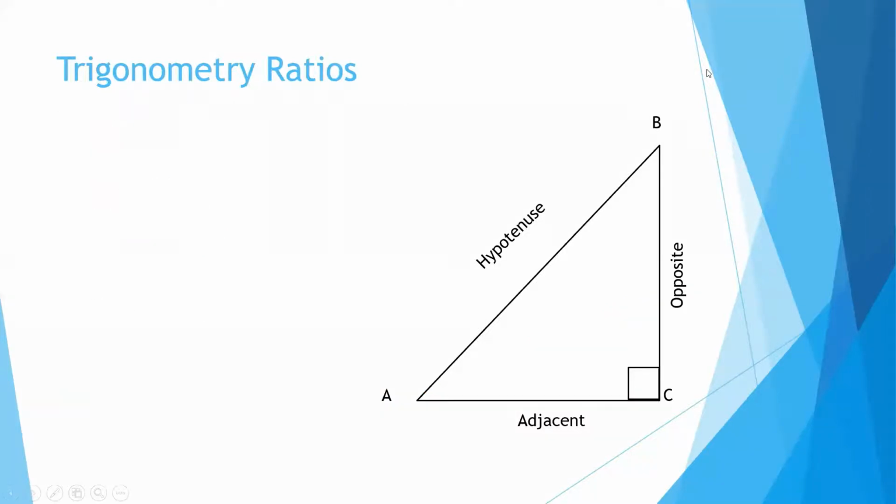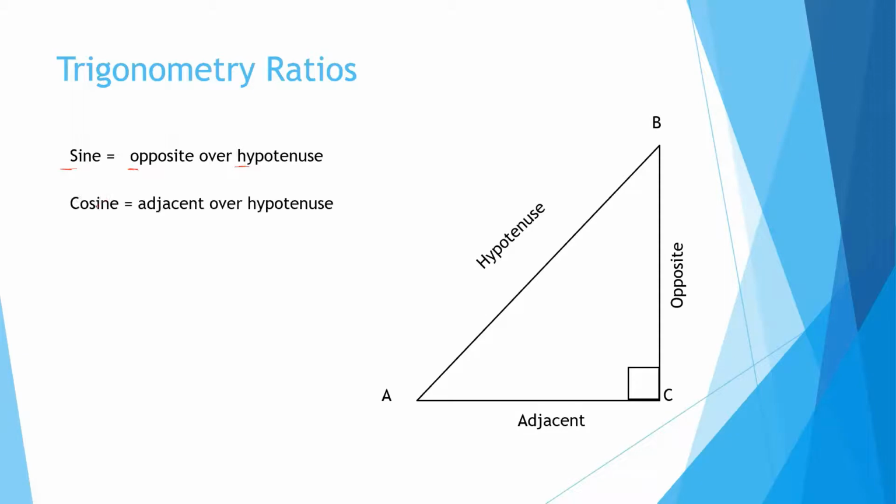Okay, here are some ways in which it can help us memorize these ratios. All right, let's look at sine first. So sine is equal to opposite over hypotenuse. Cosine, adjacent over hypotenuse. Tan, opposite over adjacent. You notice I've underlined certain ones of the letters.